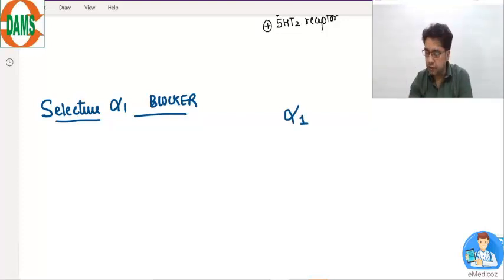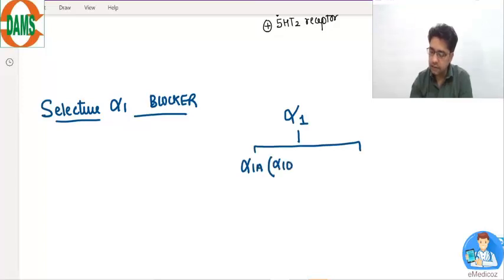Alpha 1 receptors were of two types, if you remember: alpha 1A, which is also known as alpha 1D, and alpha 1B.